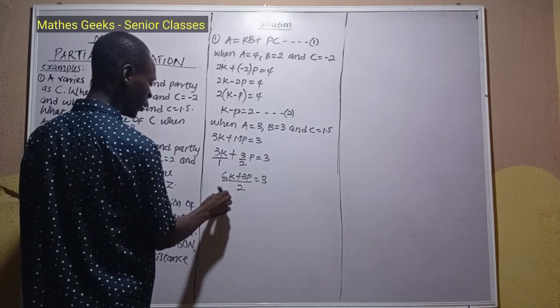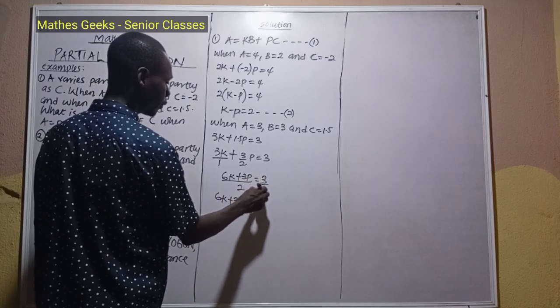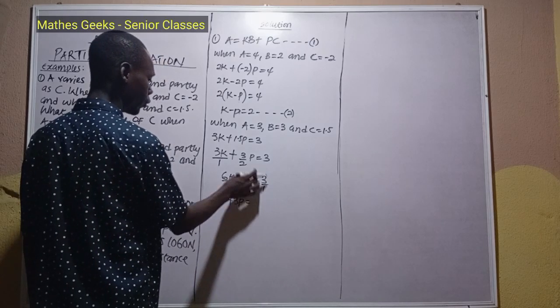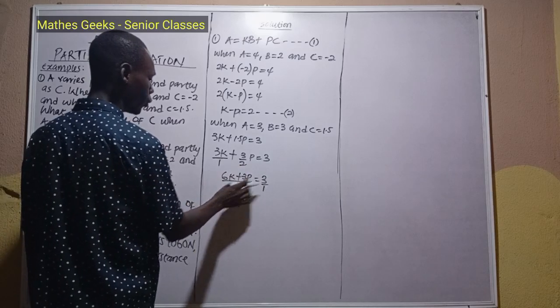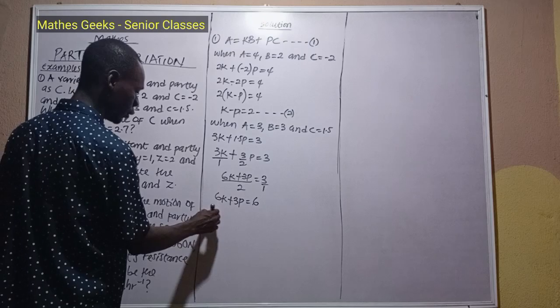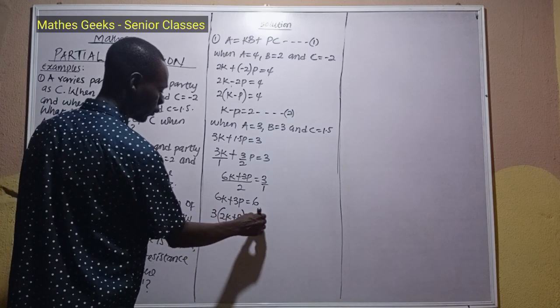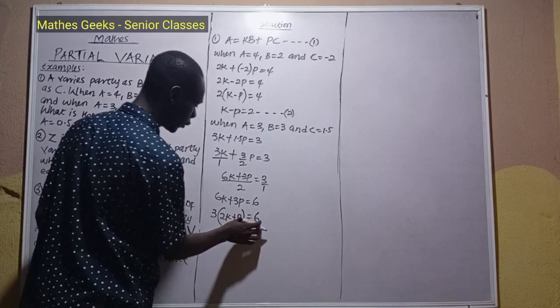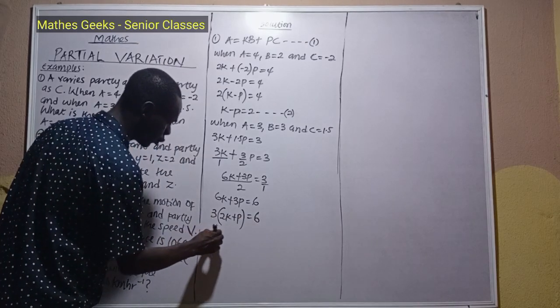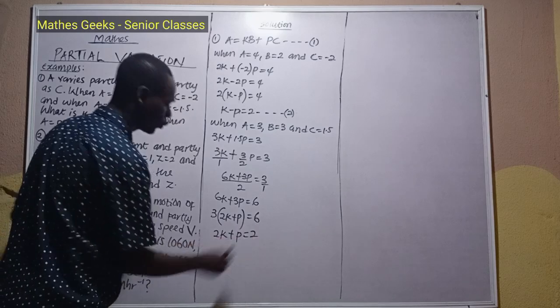So 6k plus 3p is equal to 6. Now factor 3 out: 3 gives 2k plus p, and that will give you 6. So divide both sides by 3, it gives 2k plus p equal to 2.